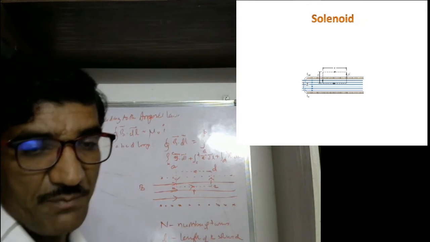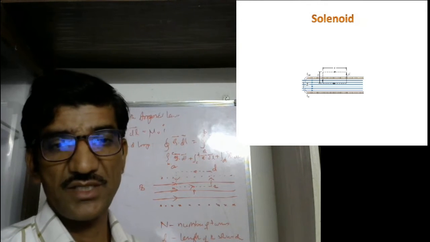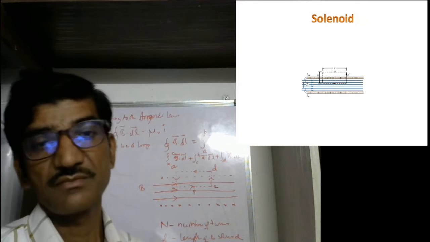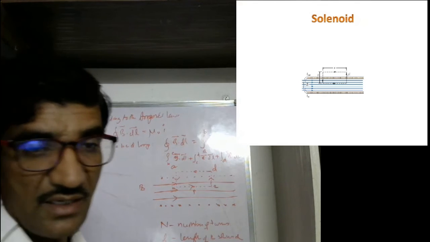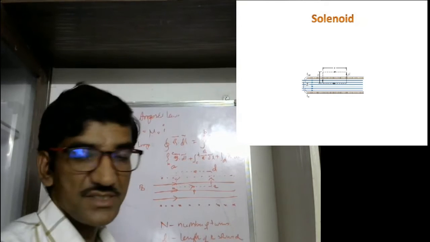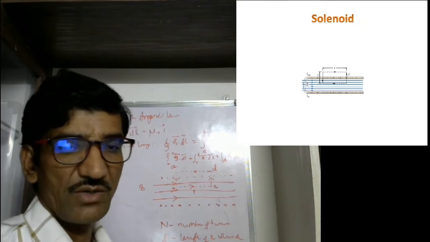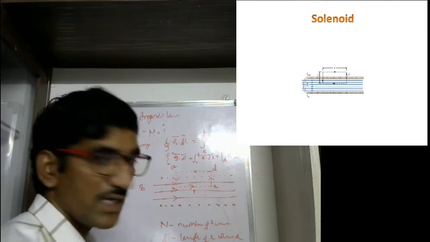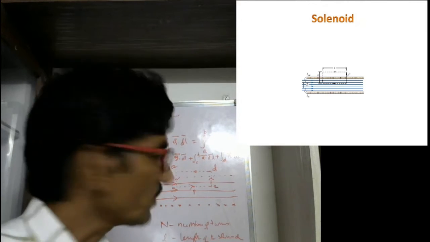Then only you can take B outside of the integral. For that we considered a very long solenoid, and we're taking our loop at the middle part of the solenoid.